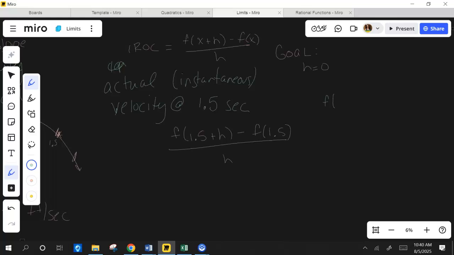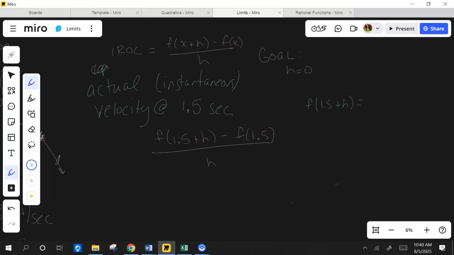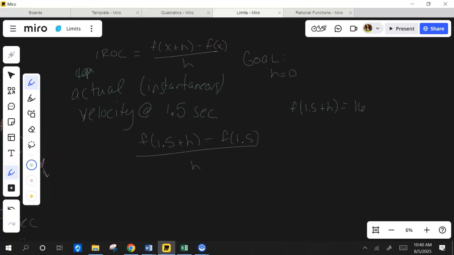So f of 1.5 plus h, oh, it's nasty outside. 16 times 1.5 plus h squared, gross, right? What's 1.5 squared? 2.25, so 2.25 plus 3h plus h squared.